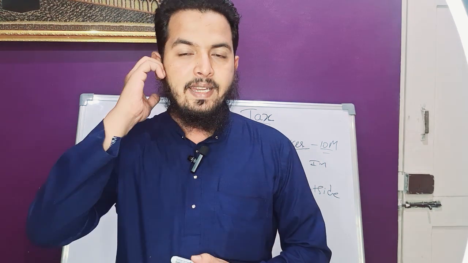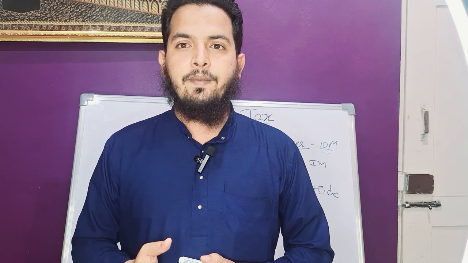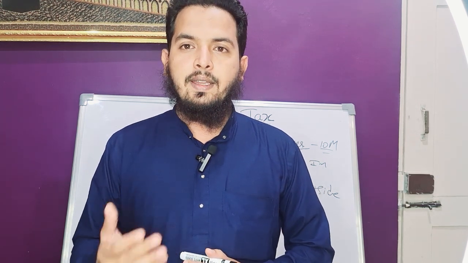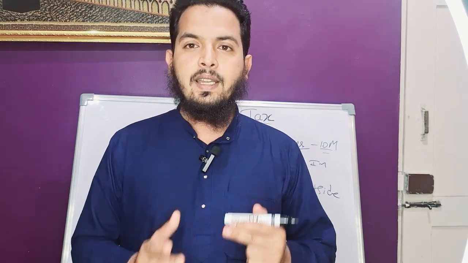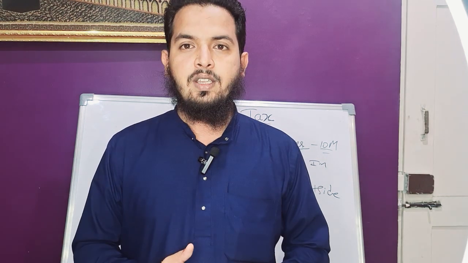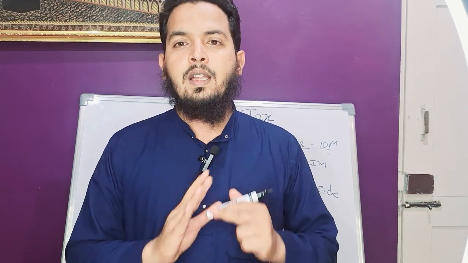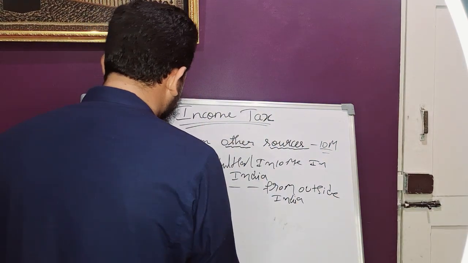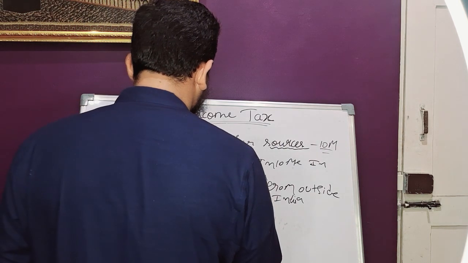For example, agricultural income from Bangladesh, USA, Russia, Ukraine. So any income agricultural in nature, if it is outside India, then it is taxable. 2 points over. Next point, dividend.